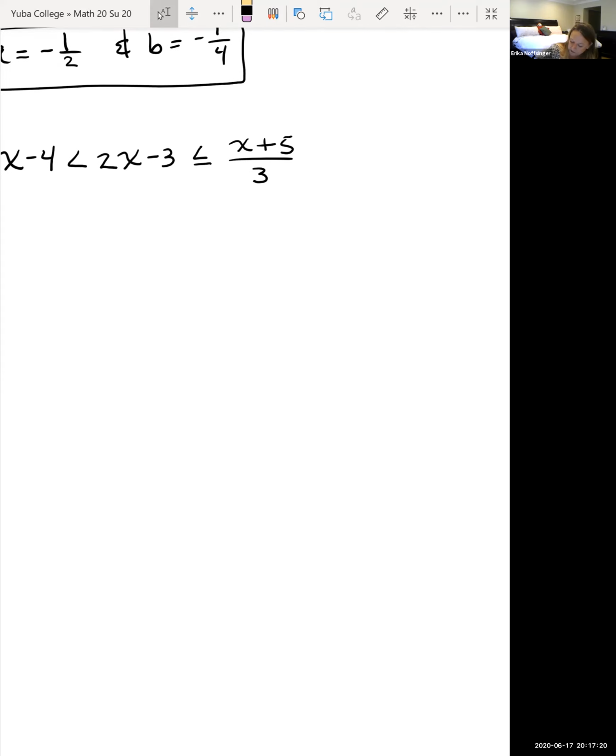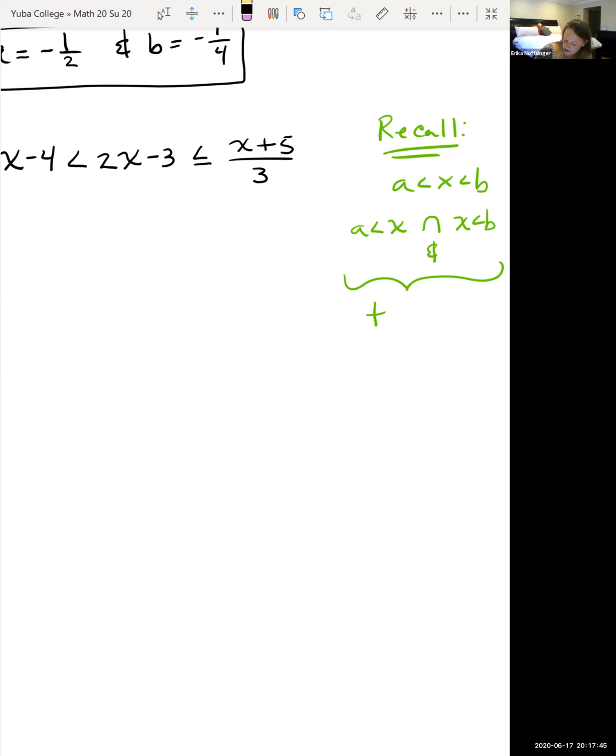By definition, if you have A is less than X is less than B, basically what this is saying is A has to be less than X, intersection, and X has to be less than B. It's the set both of these sets have in common.